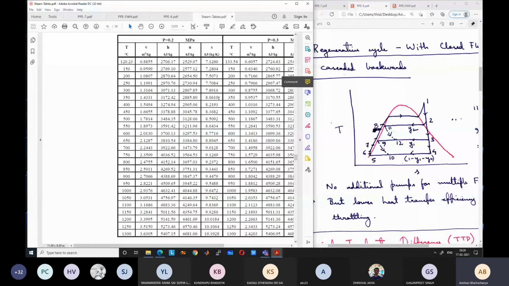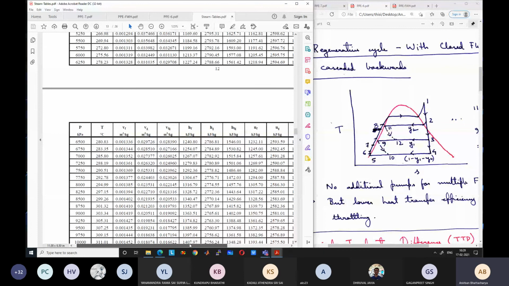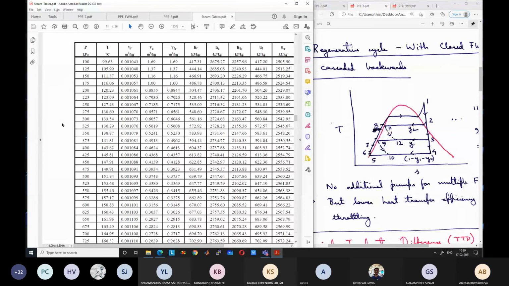So we have to go to the saturated table corresponding to 200 kPa pressure. This is the saturated table corresponding to 200 kPa pressure. The values will look very small to you.